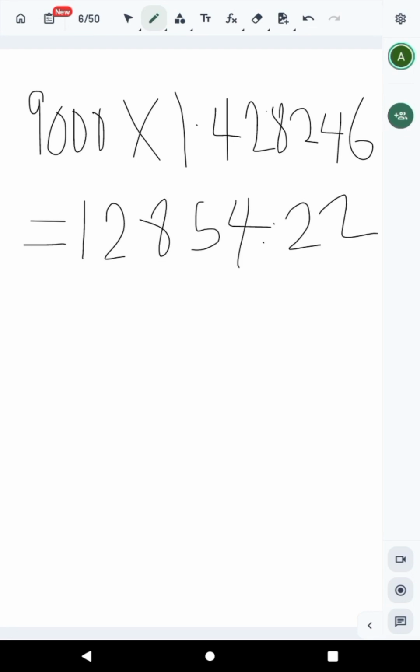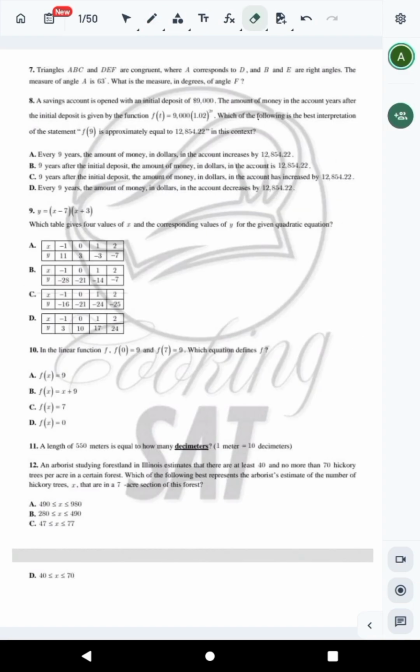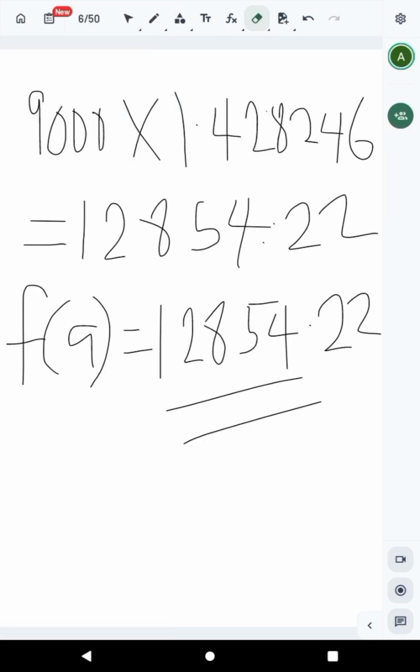So f of 9 is 12,854.22. So for number 8, 9 years after the initial deposit, the amount of money in dollars in the account is 12,854.22. So B is the answer for number 8.